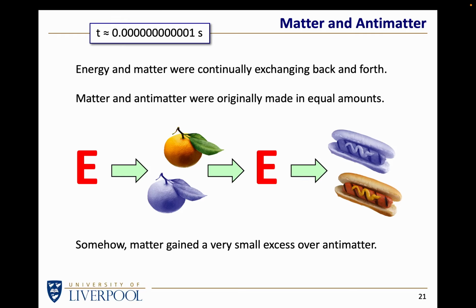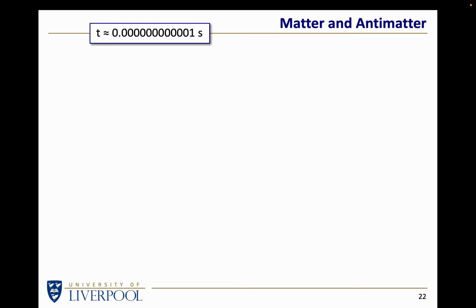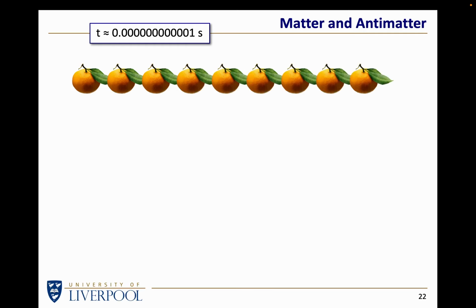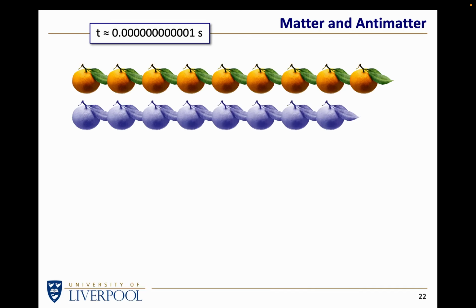But somehow, via a mechanism we don't fully understand, matter gained a very small excess over antimatter. We think they should have been made in equal quantities, 50-50, but somehow there was an imbalance in that more matter than antimatter was created. I've represented it here graphically by a whole load of matter and a whole load of antimatter.